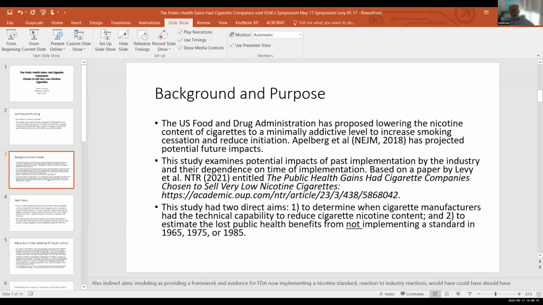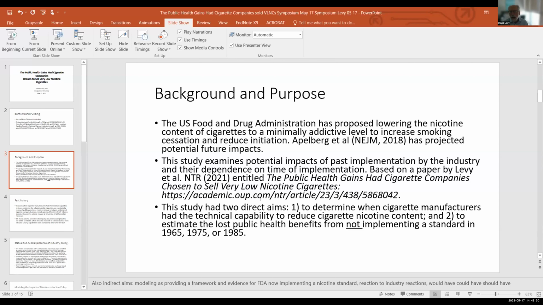So today, I'll continue the discussion related to FDA's proposed lowering the nicotine content of cigarettes, VLNCs as I'll be calling it, and lowering it to a minimum addictive level. And as has already been mentioned and described, FDA has already done their own project projecting forward the impacts of a nicotine standard.